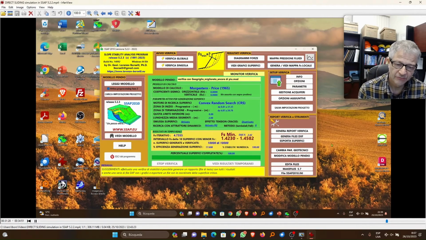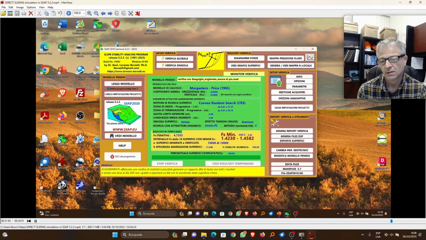Of course, I invite you to see the official web page of SSAP to evaluate the number of features present in the software and its level of evolution, compared with other software, freeware or commercial.